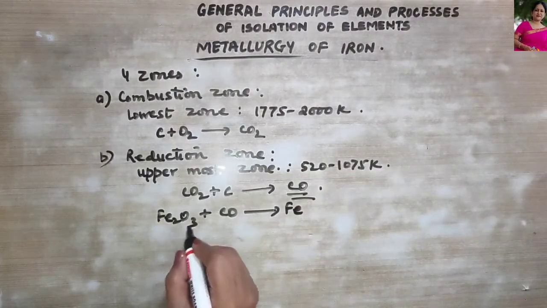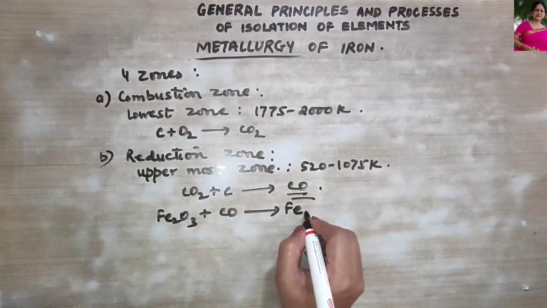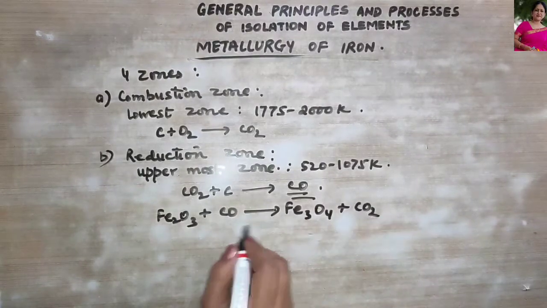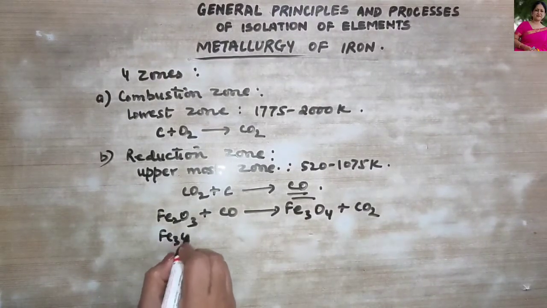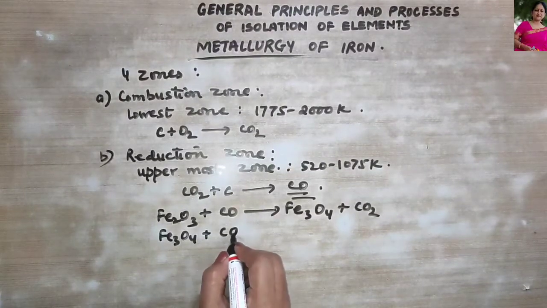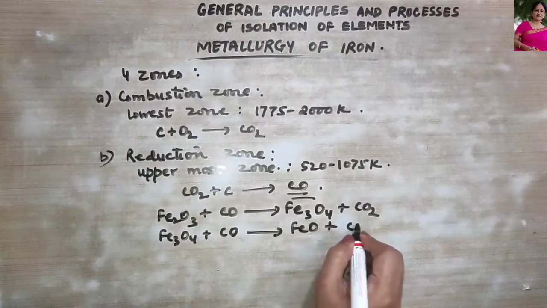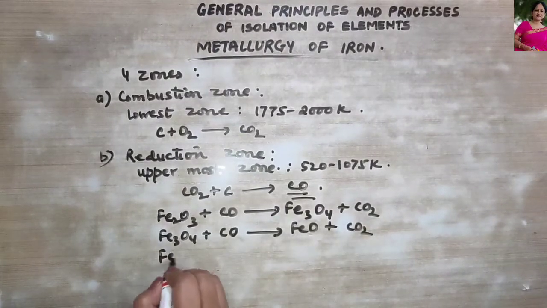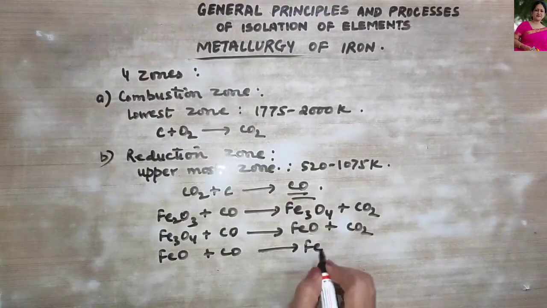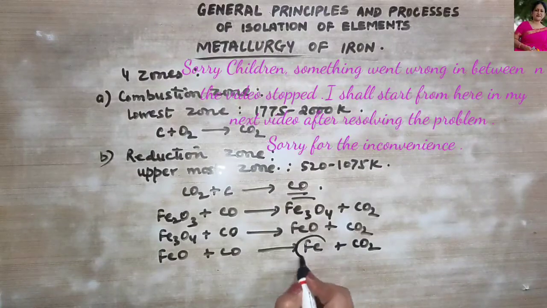So when this Fe2O3 combines with your reducing agent carbon monoxide, it will form Fe3O4 plus CO2. Next, this Fe3O4 in continuous carbon monoxide is going to form FeO plus CO2. Next, this FeO further gets reduced to give you the iron and carbon dioxide. So I was talking about this iron.